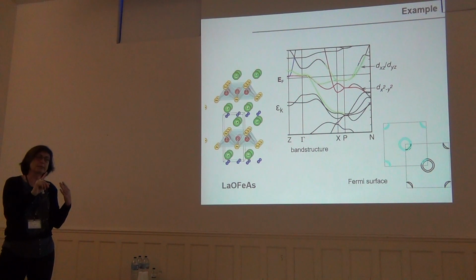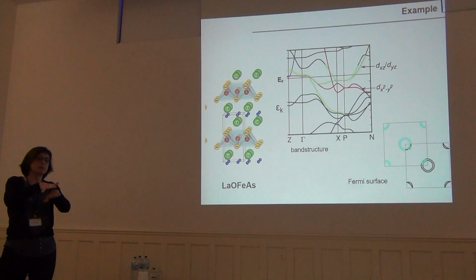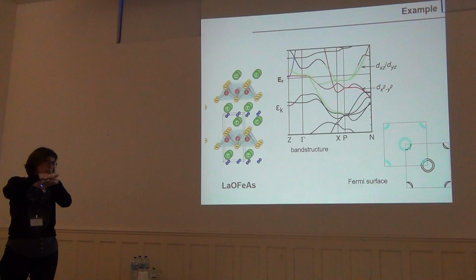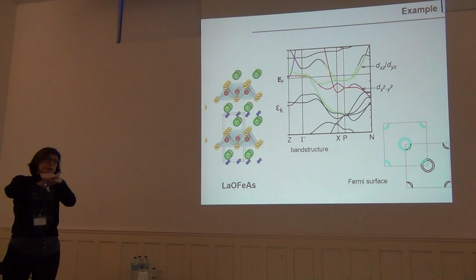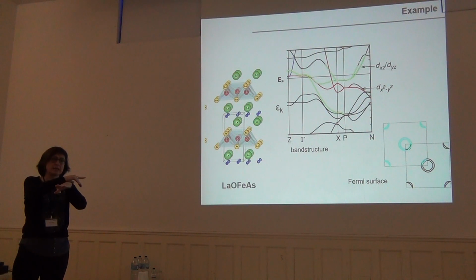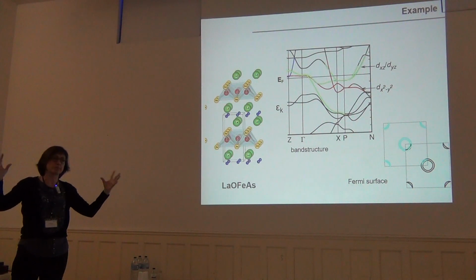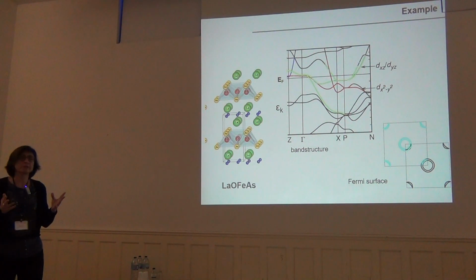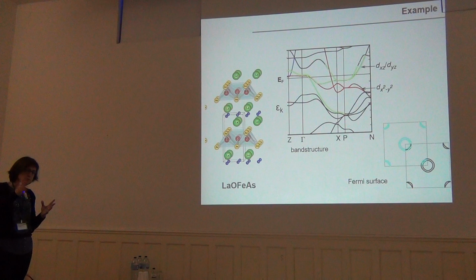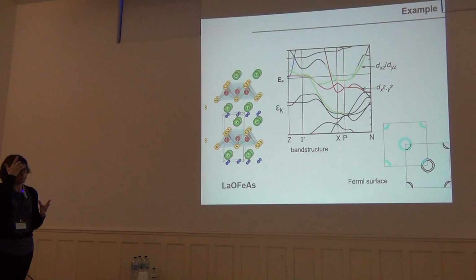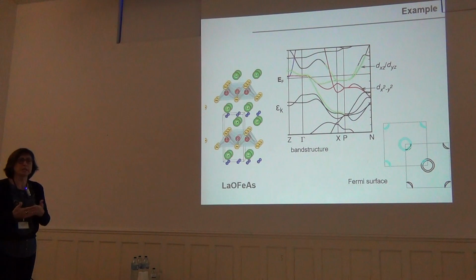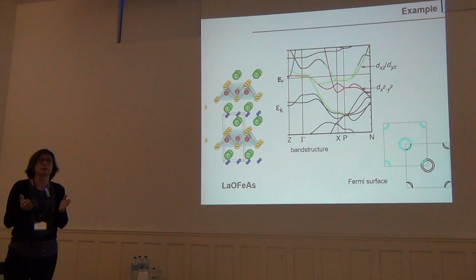However, it's not as simple in twisted graphene, because when you do this twist, it's an incommensurate twist. If you want to do it in a microscopic type of calculation, you really need larger and larger supercells. There are a couple of groups that have done that, like Liang Fu and Andrei Bernevig, but most groups work with a continuum model.